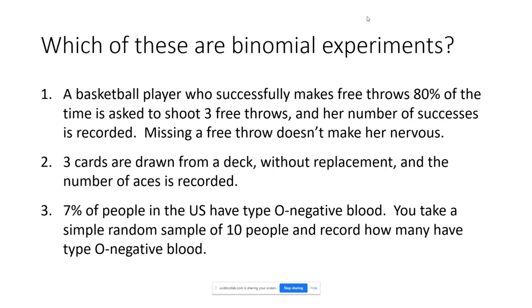Thumbs up for yes, it's binomial. Thumbs down for no, it's not. Okay, so I see thumbs up, thumbs sideways. Kyle, why did you say thumbs up? Because the chance of having type O negative blood doesn't change per person based off of a different person's results.